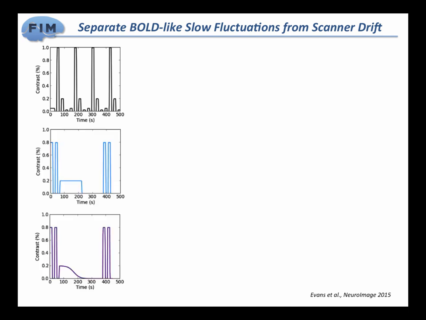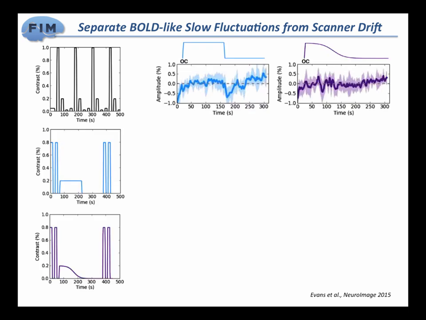Another application, and this one is very interesting, is that fMRI time series are contaminated by really slow fluctuations that are related mostly, or to some extent, to heating of the scanner, and we tend to get rid of them by means of fitting or filtering. But the truth is that maybe there are also other really slow fluctuations of interest, and we go blindly just trying to fit some polynomials.